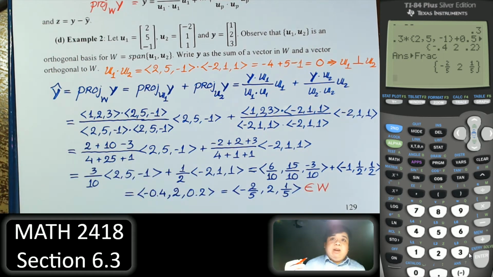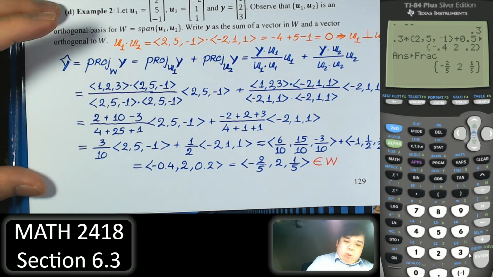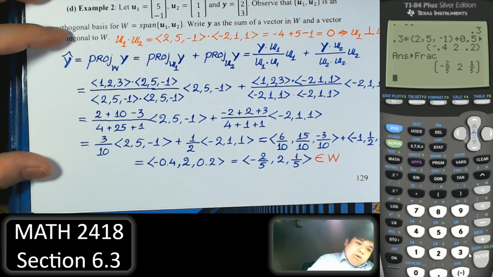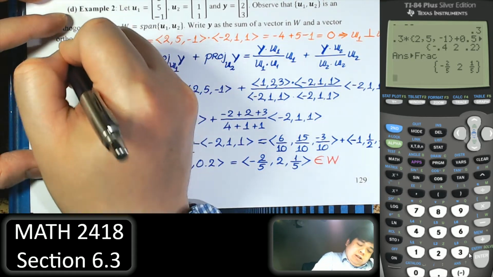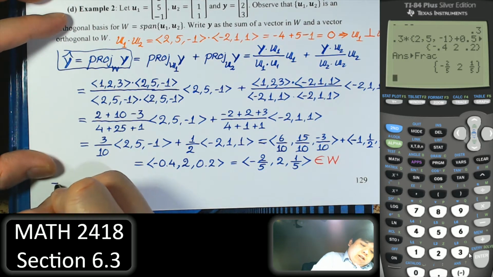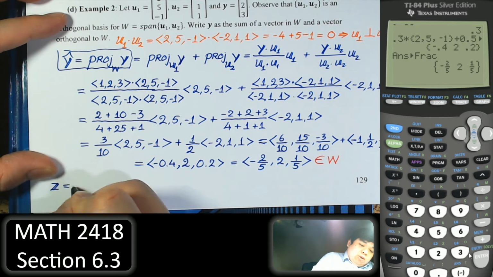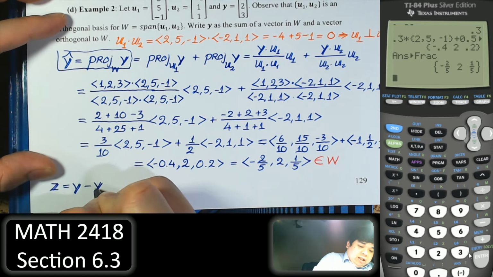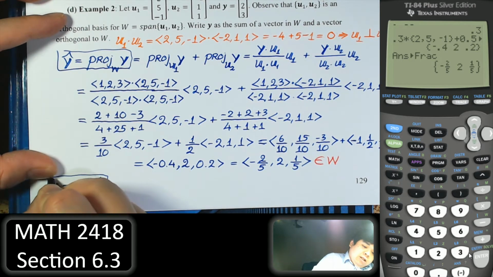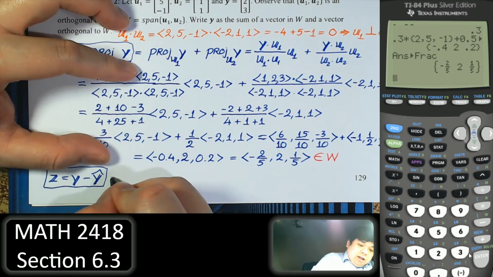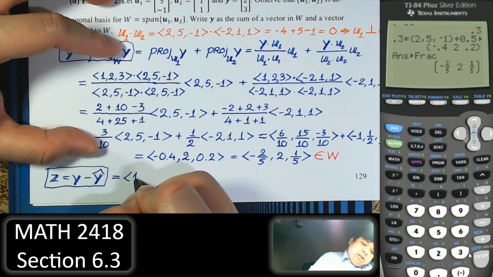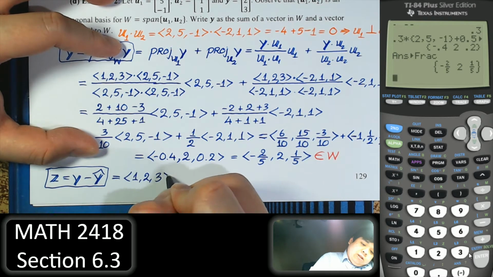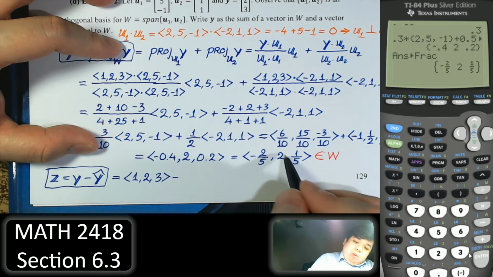Now we just need to find a vector that is orthogonal to W, which definitely is not in W. So this is the first one we have. Next we will find z is equal to y minus y hat. That gives us y is 1, 2, 3 minus y hat is this.